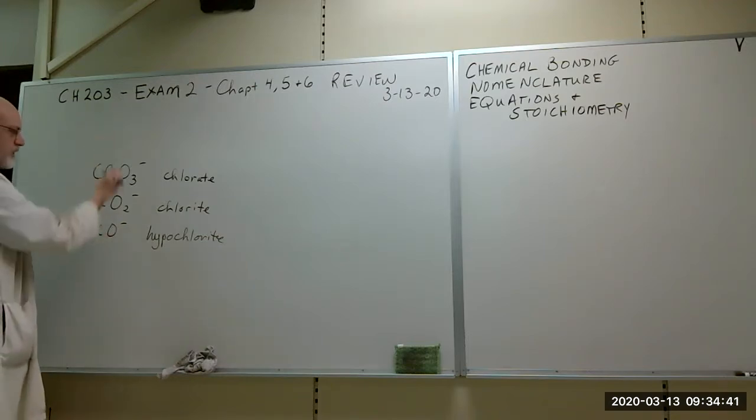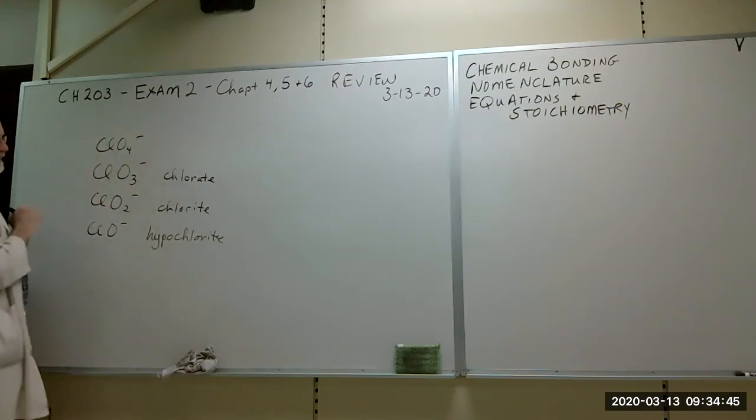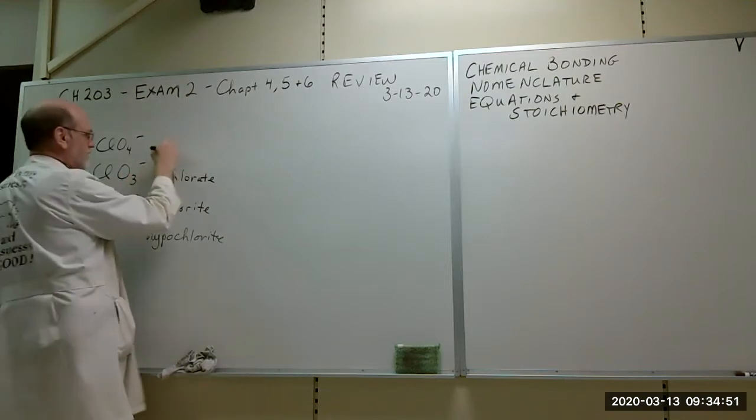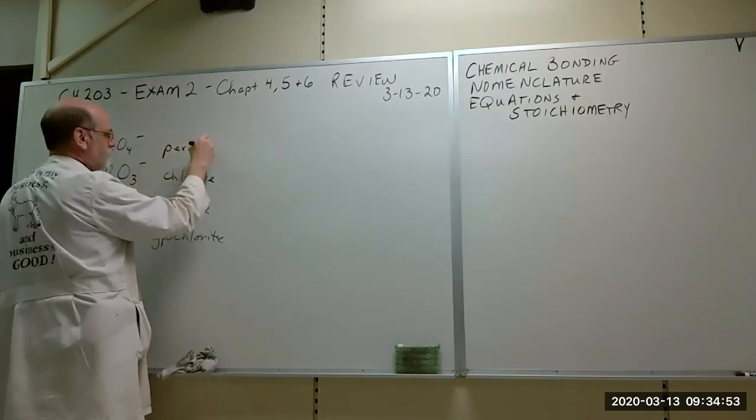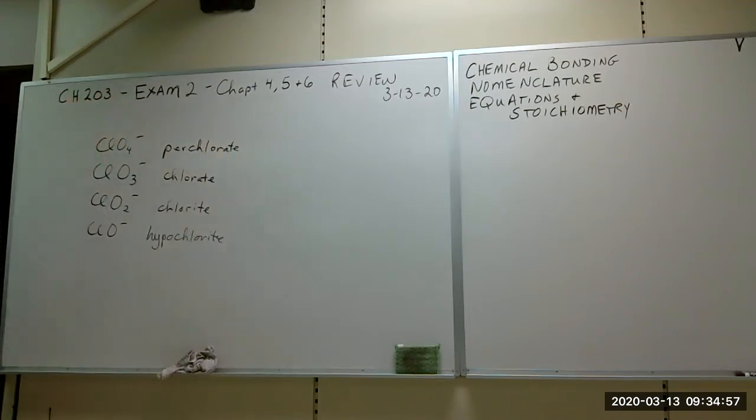And then we go the other direction, add 1 oxygen. In this case, we need another prefix. That means above. Perchlorate ion. So you've got this family of oxygen-containing halogen polyatomics.